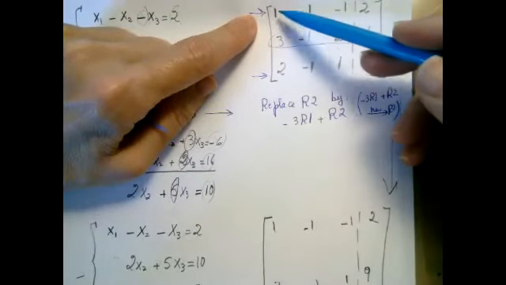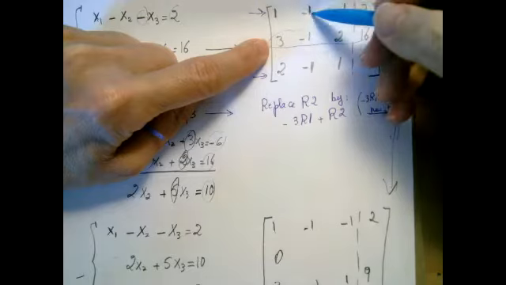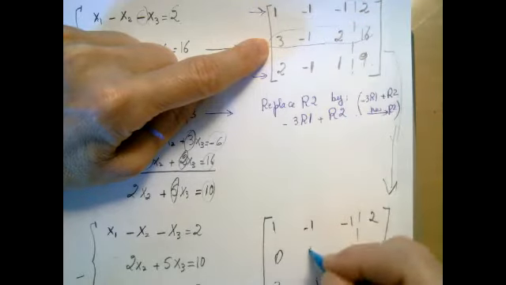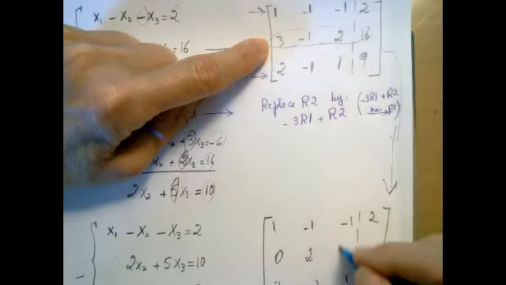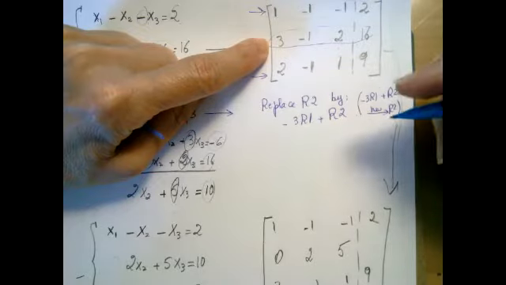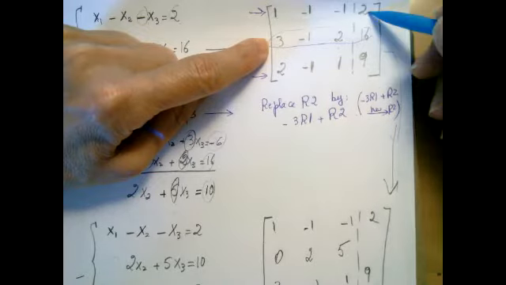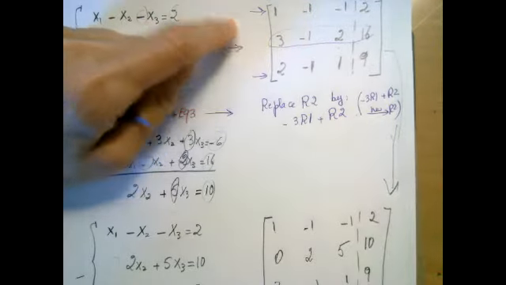And this became -3 plus 3, which gave me a 0, minus -3 plus 1, which gave me the 2, and minus -3, which gave me a 3 plus 2, which gave me the 5. So now I'm acting on the rows instead of acting on the equations themselves. And then I'll have -3 times 2, which is a 6. A 6 minus 6 plus 16, this gives me a 10.